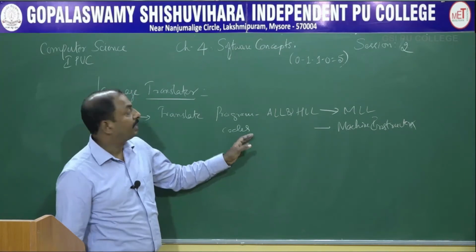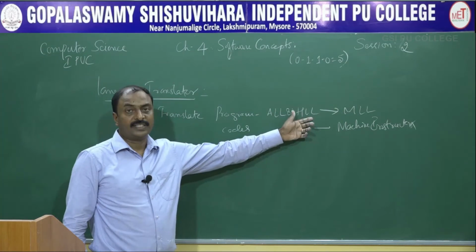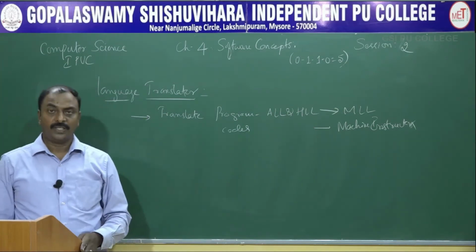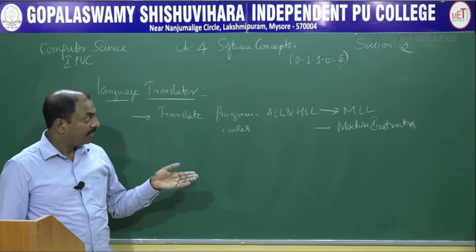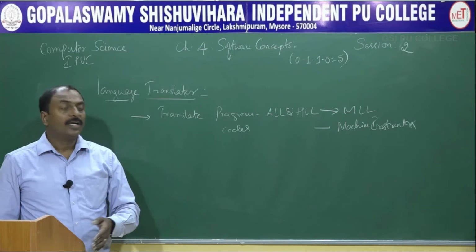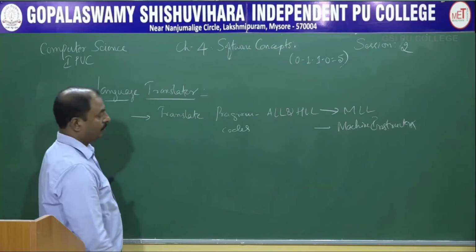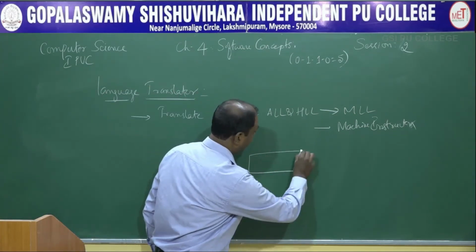Suppose you write a program in assembly level language or high level language, we need to have a translator. What the translator does is it converts the program from assembly level language into machine level language, or high level language into machine level language. So generally we say here is a translator.